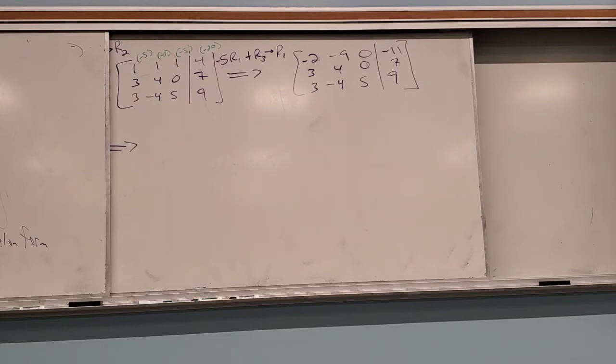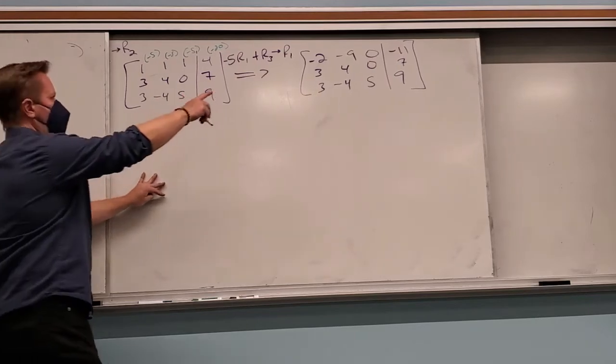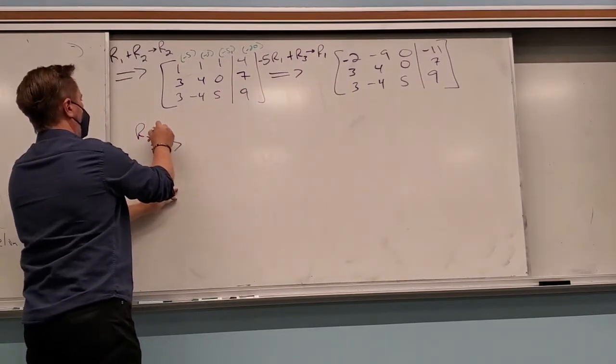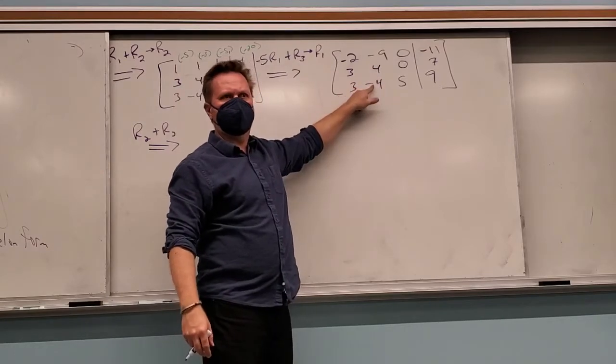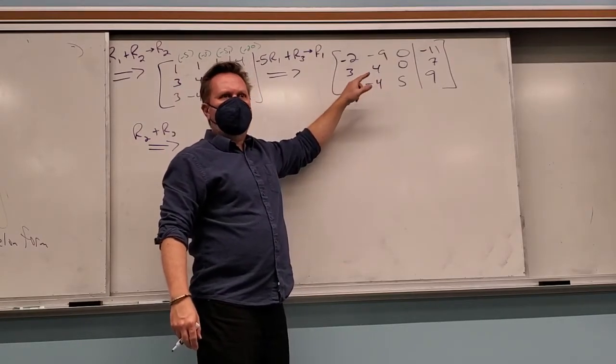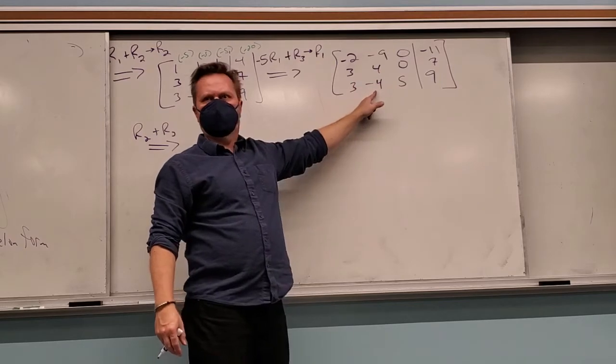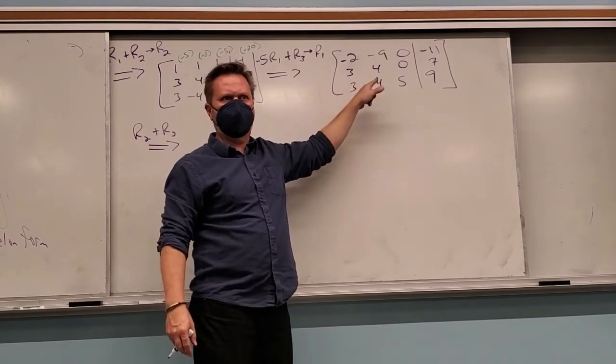Here, right? So keep this in mind. I want to do row 2 plus row 3. Does everybody see that? Because that would make a 0 here, correct? But I want to put the answer in row 3, because then there'll be a 0 right where I want it.